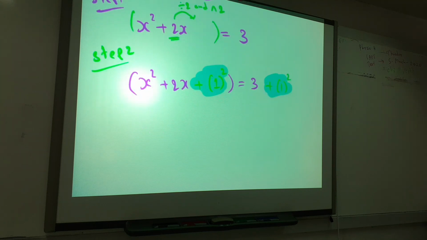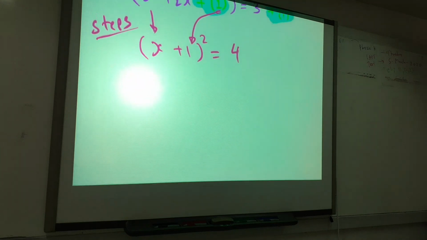Step 3: write this guy as x, and write this guy as 1 squared, whatever is inside. If it was 4, just write 4. So x squared plus 2x plus 1 squared equals 3 plus 1, which is 4.